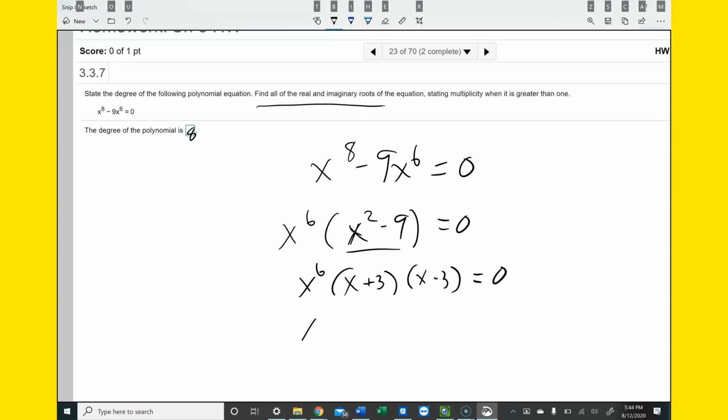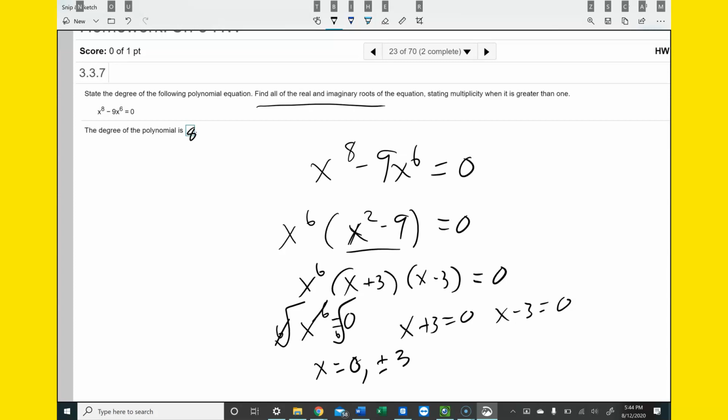So now what I have is x to the 6th equals 0, x plus 3 equals 0, and x minus 3 equals 0. If I take the 6th root of both sides, the 6th root of 0 is just 0. And here I get -3 and +3 as the other answers. So 0 and plus or minus 3.